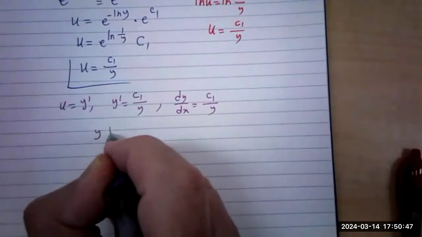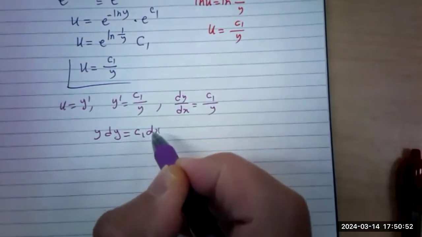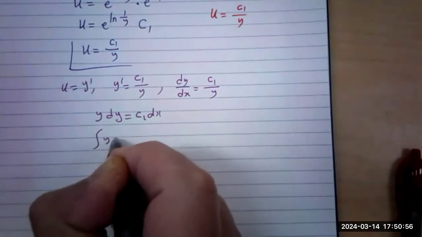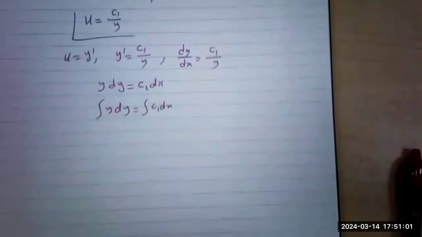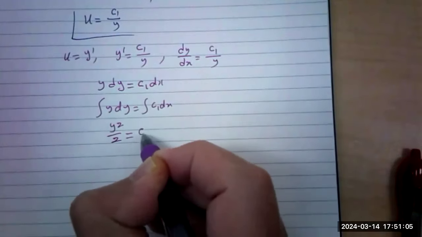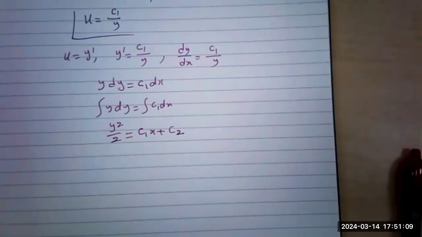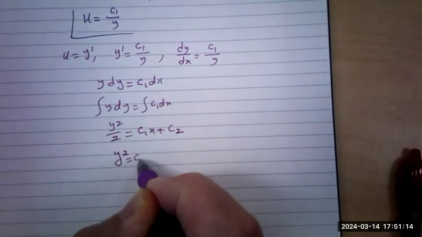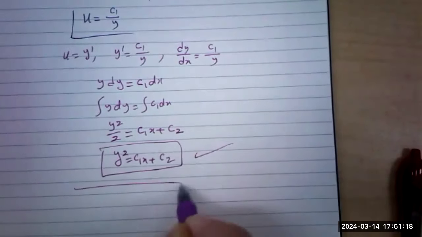Cross multiply: y dy is equal to C1 dx. So that gives you y squared over 2 equal to C1 x plus C2. You can multiply both sides by 2. So y squared would be C1 x plus C2. So that gives you the final answer.